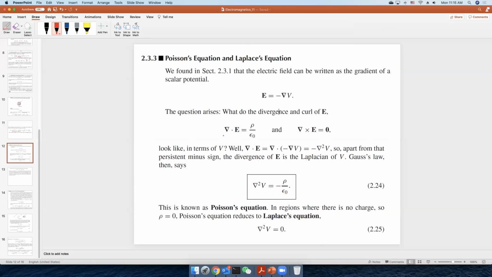It's derived from these two equations. This equation is known as Poisson's equation.